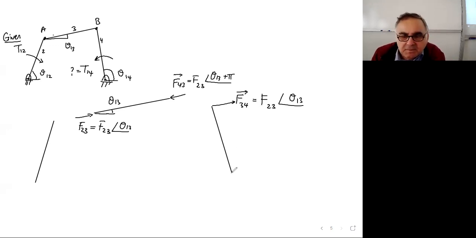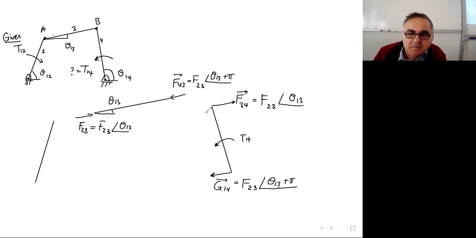On the other hand, there is a torque here, T14. We don't know this, but these forces have to be equal in magnitude. So this is G14 is equal to F23 again, magnitude. It is theta 13 plus pi, okay, as you see.